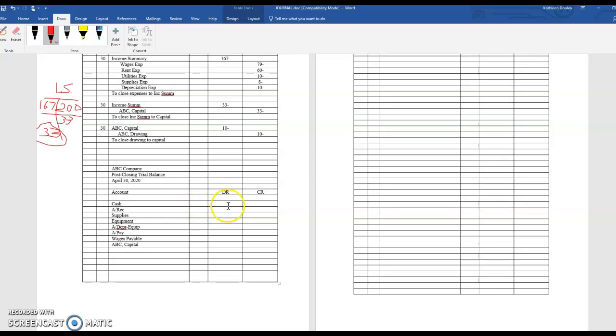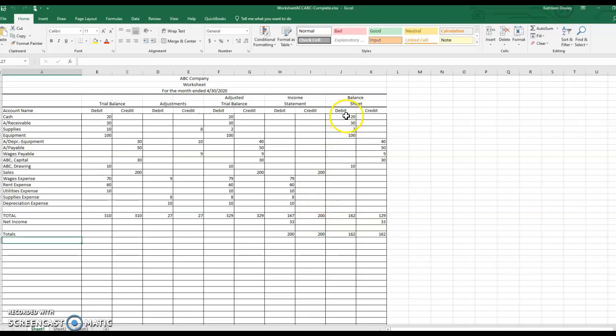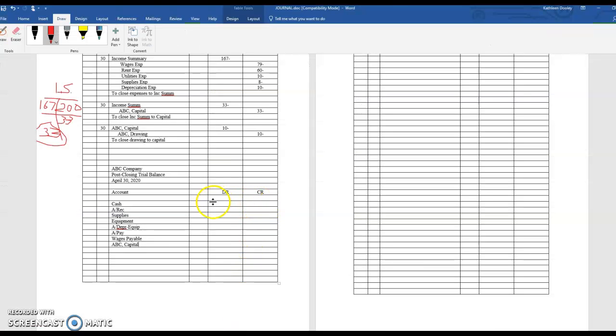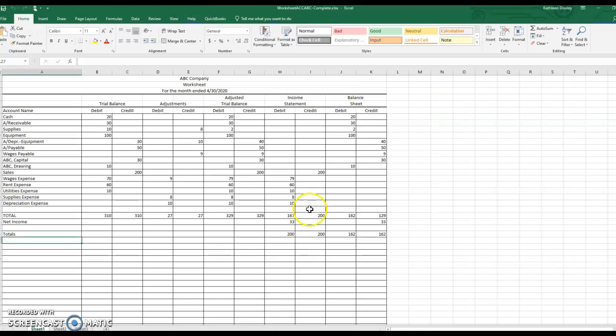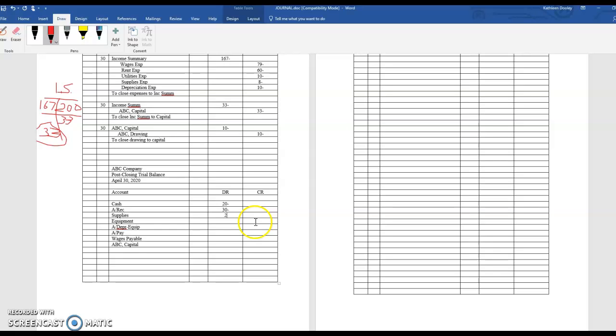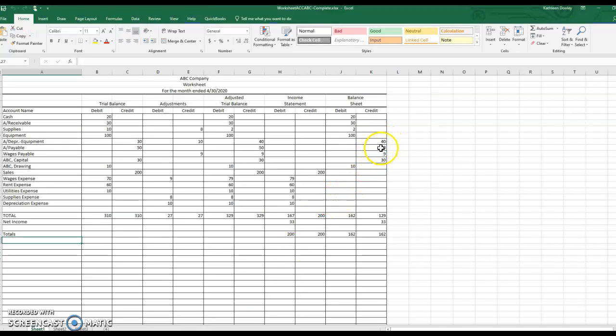Now let's go ahead and put these numbers in. I've got cash is 20 debit, accounts receivable is 30 debit, supplies is 2 debit and equipment is 100 debit. Accumulated depreciation is 40 credit.